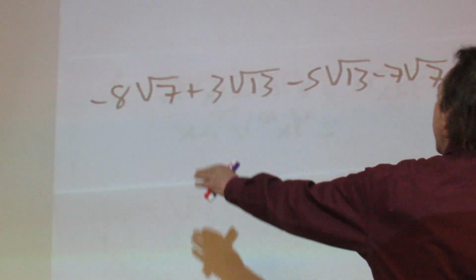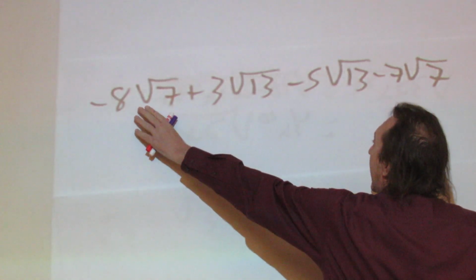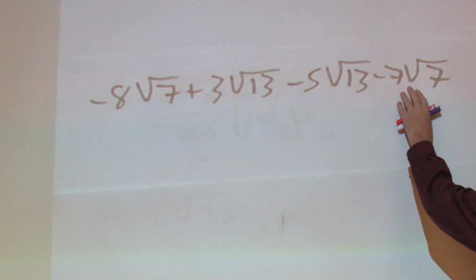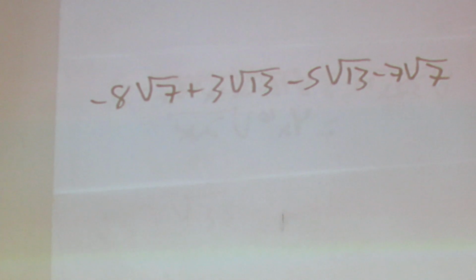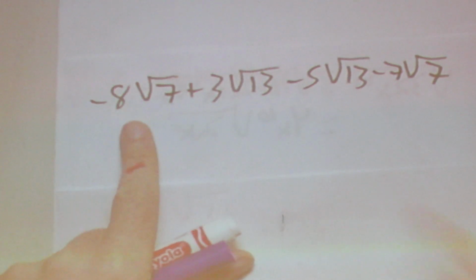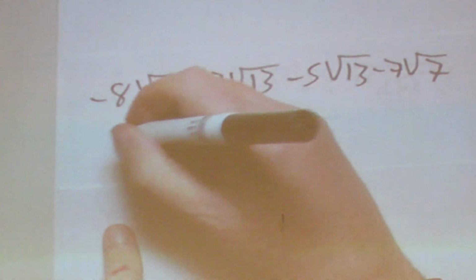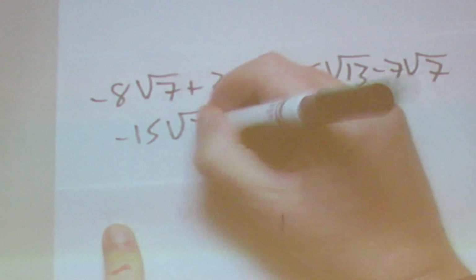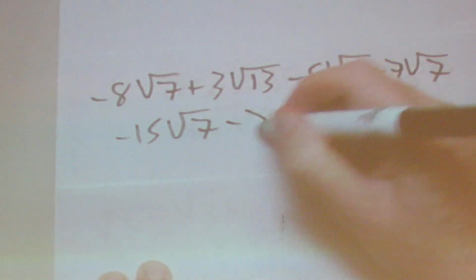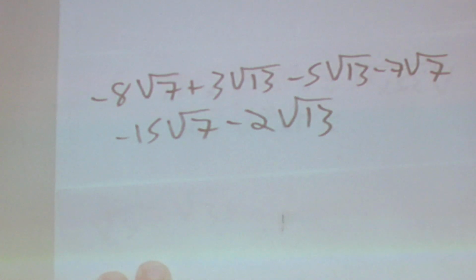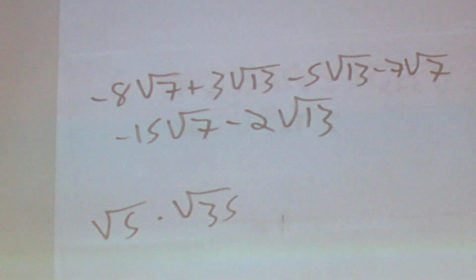So we can combine the negative 8 square root of 7 and negative 7 square root of 7, and the 3 square root of 13 and the negative 5 square root of 13. So when we do that, negative 8 minus 7 is negative 15 square root of 7, 3 minus 5 is minus 2 square root of 13. And that's all we do there.